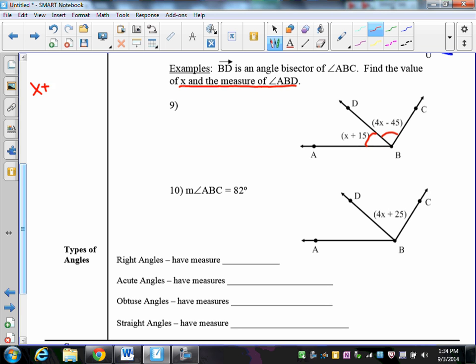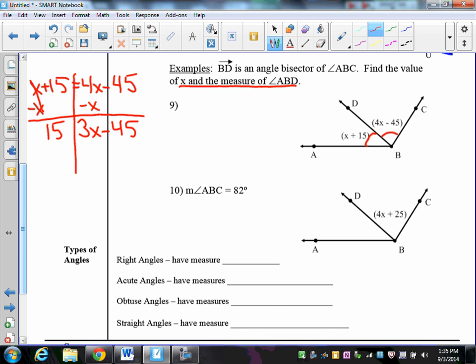So I'm going to do my work to the left here. I have x plus 15 is equal to 4x minus 45 because it bisects it into two equal parts. The first thing I want to do when I solve an equation is to get all my x's on one side. So I have 3x minus 45 is equal to 15.